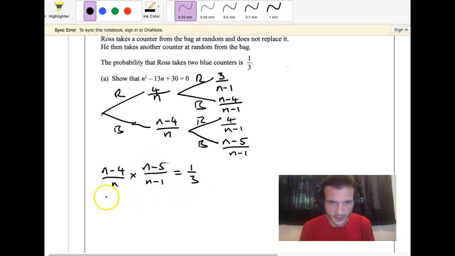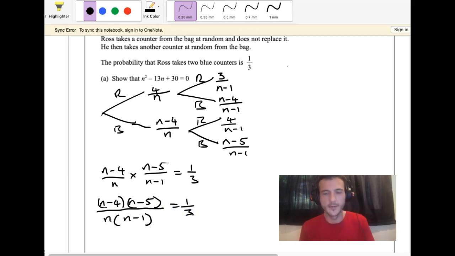Let's multiply out, so we have n minus 4 times n minus 5 all over n times n minus 1 equals 1/3.